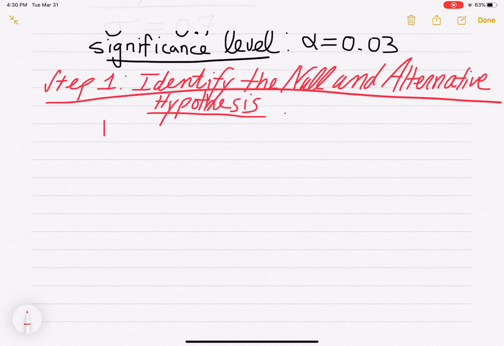All right, so we're going to write an H0 and an H1. Remember, the null is H0, the alternative is H1. You put colons right afterwards.